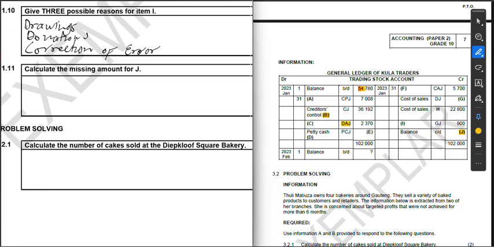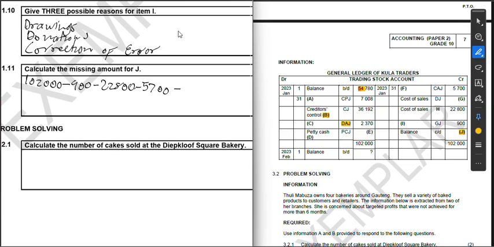We're going to say 102,000 less 900, less 22,800, and then less 5,000, less 5,700, and then lastly less the 21,600.